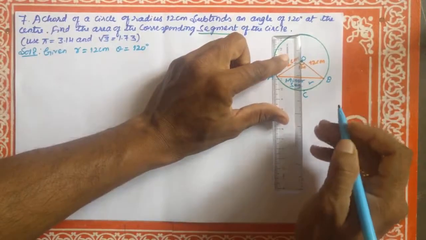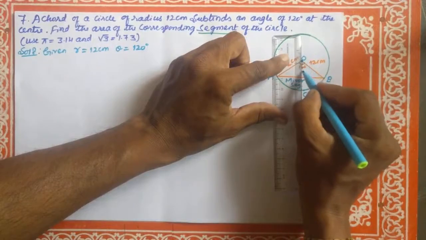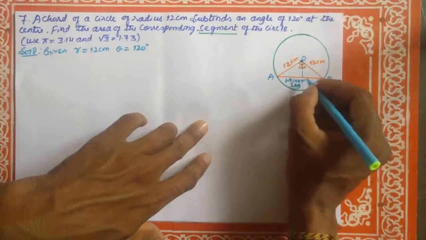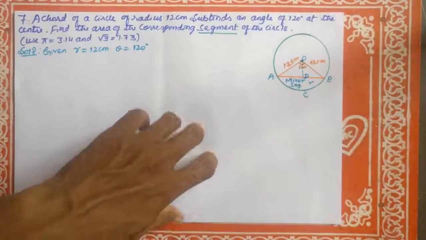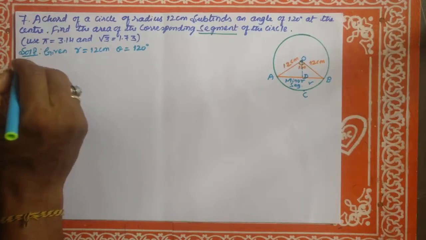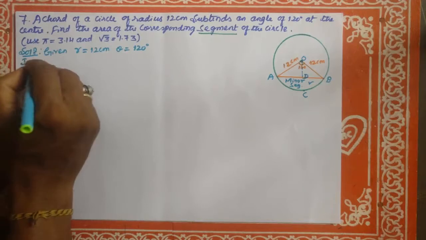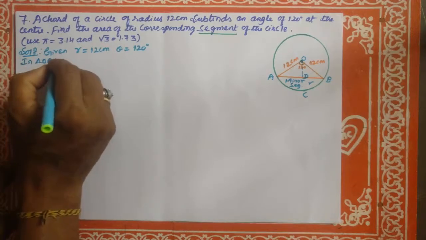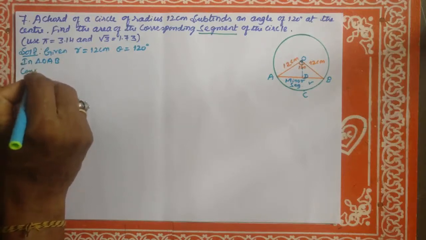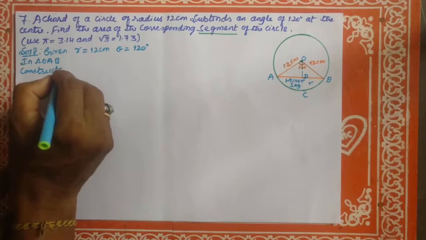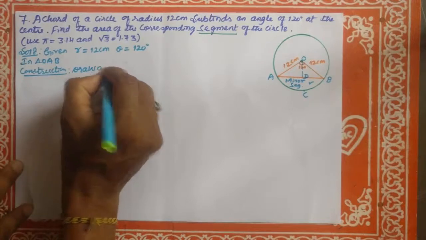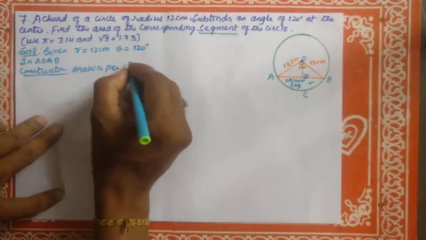Draw a line perpendicular on the chord. I will mention here this is D. OD perpendicular AB. Let us see the construction. In triangle OAB, what did we do in the construction?